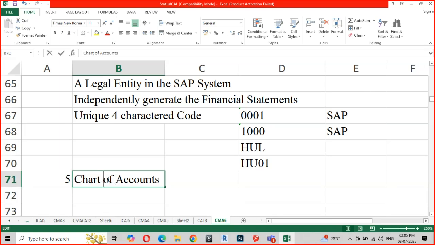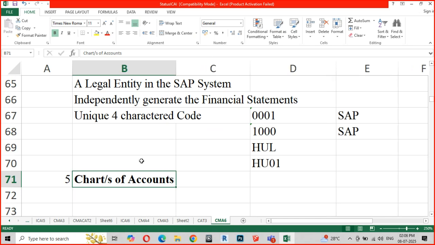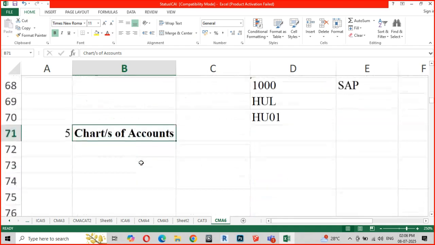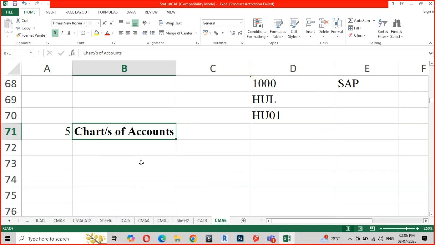It is an organizational element created by the finance professional as soon as the finance person creates the company code. Also, this is one of the first and foremost master data which the finance person creates.